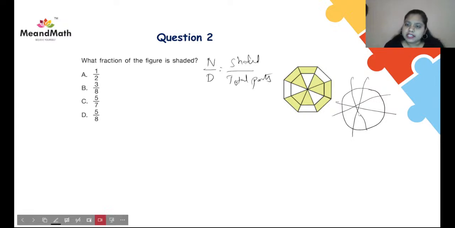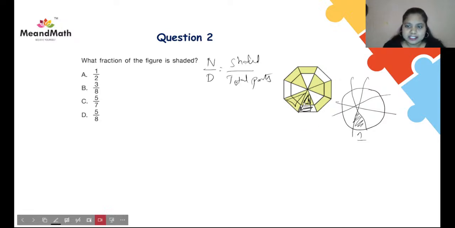Now here we can say that this whole thing is one part because it should be equally cut. Am I right? But here you can see that this is not equal to this. In such cases, this whole thing is equal to this whole thing, right? Because it is equally cut. In this case, can we consider this combination plus this combination as one whole piece? Yes, am I right?